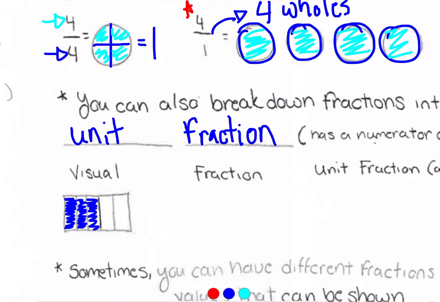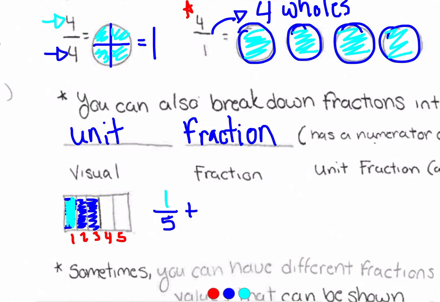Now, normally, if you eat 3 slices of pizza, you're not just going to stack them on top of each other and take big bites. You are just going to eat 1 slice at a time. So let's look. My pizza is broken up into 1, 2, 3, 4, 5 slices. So I'm going to eat this slice right here. So that's 1/5.